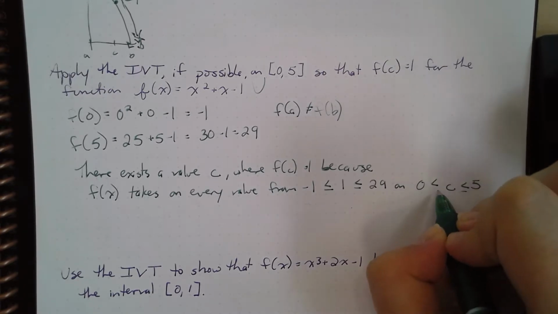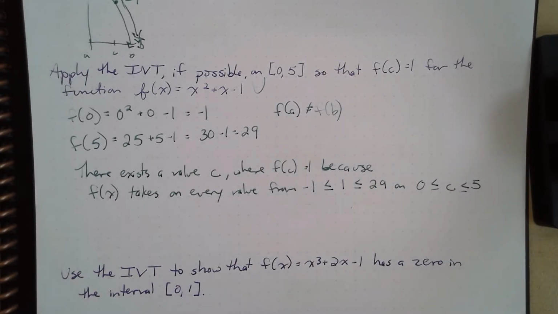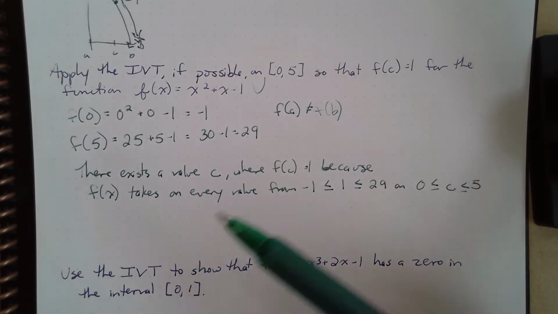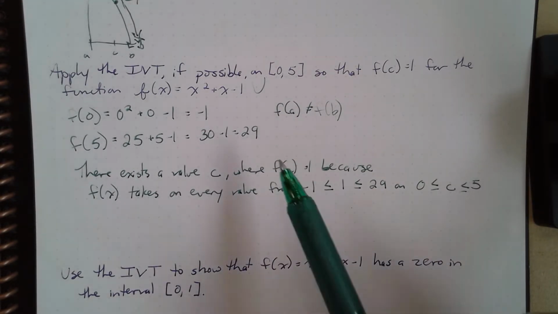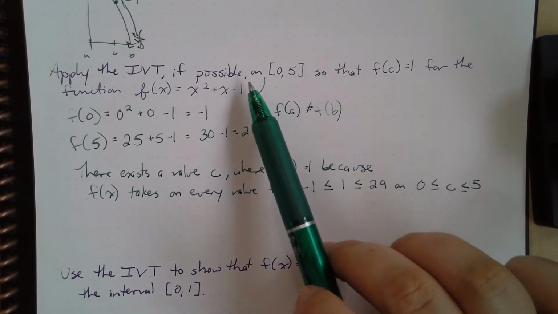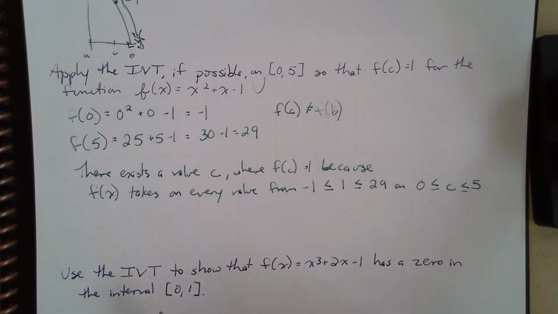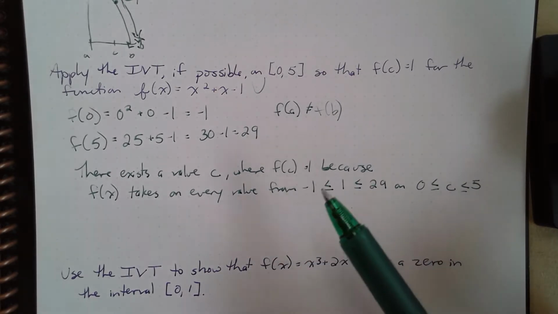And actually in this case I can say less than or equal to because I had closed brackets up there. So yes, we know that at some point, f of c is going to be equal to 1 on this parabola between the points 0 and 5. And if you graphed this, you could actually trace that and find what that is going to be.